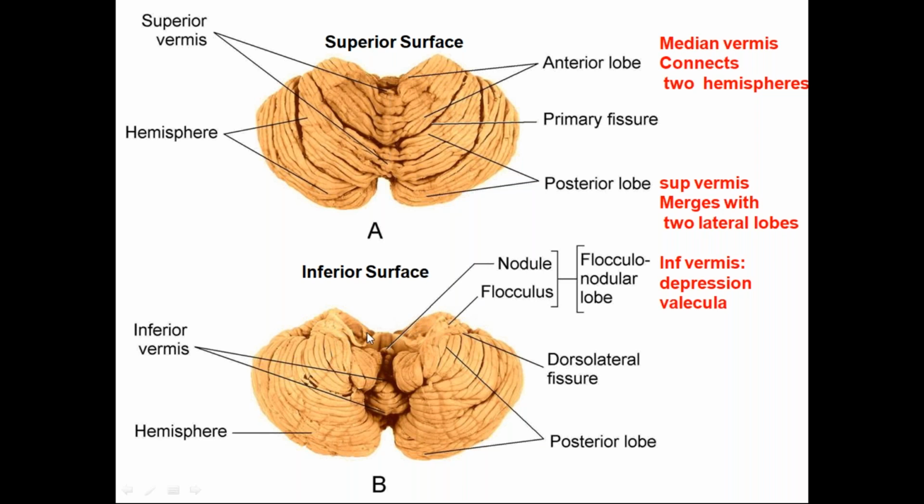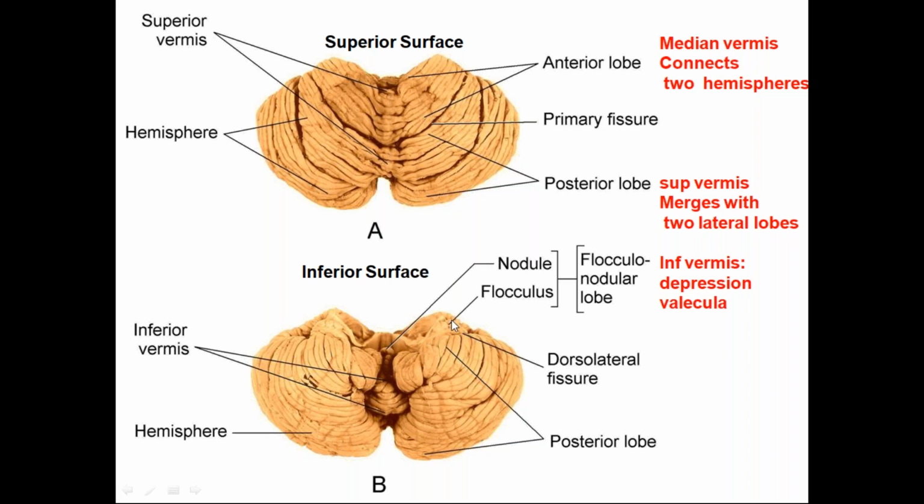And there is another fissure which is separating a part of the inferior surface of the cerebellum from the rest of the cerebellum, which is called the dorsolateral, or we say the posterolateral fissure. Look at this. This is a very thin layer of cerebellum, and there is a small grape-like or mulberry-like structure, that is the flocculonodular lobe.